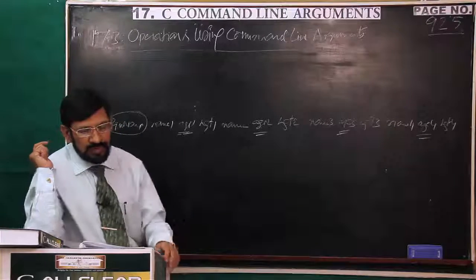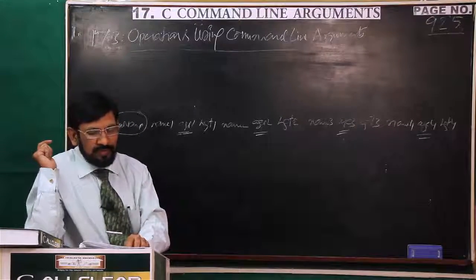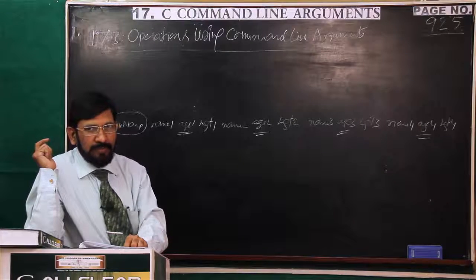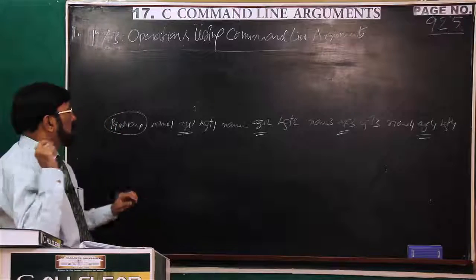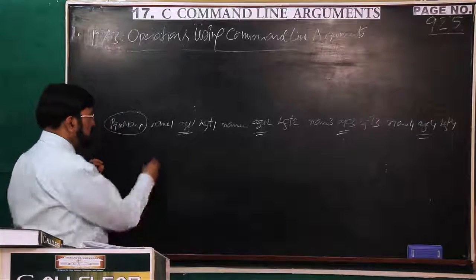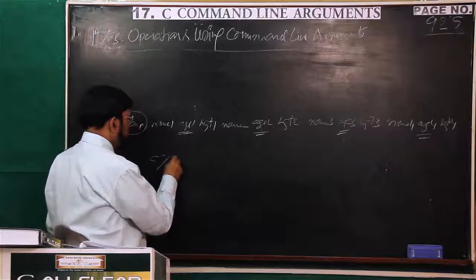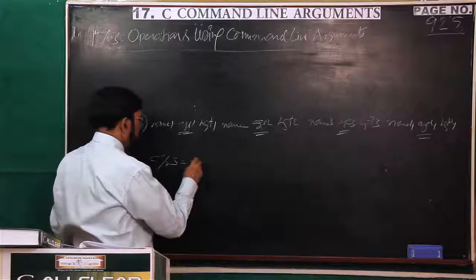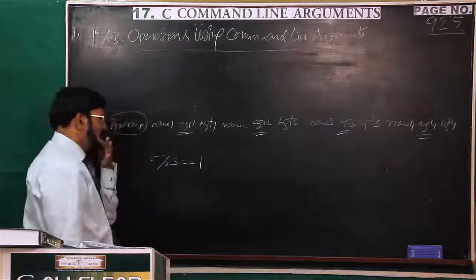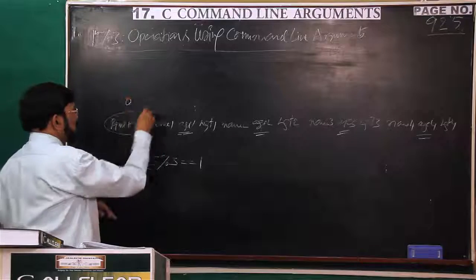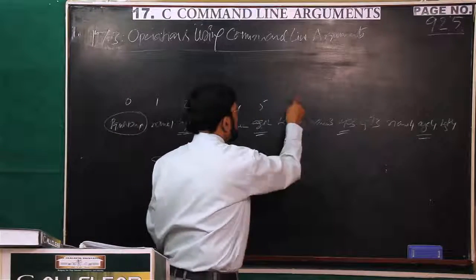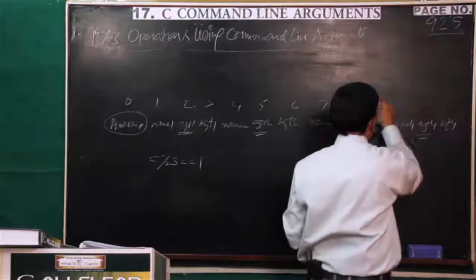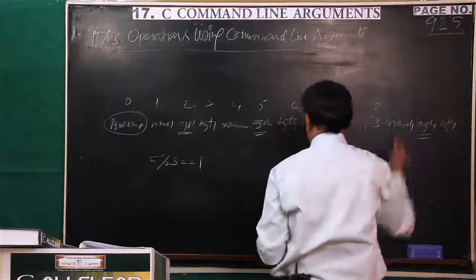Using c modulus 3 is equal to 1. This is the 0th element. c is 1, 2, 3, 4, 5, 6, 7, 8, 9, 10.